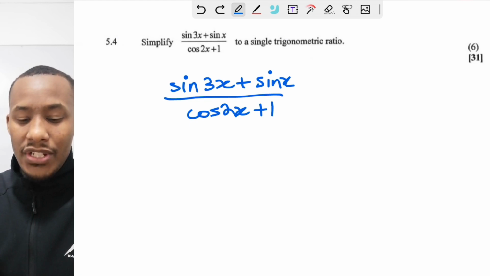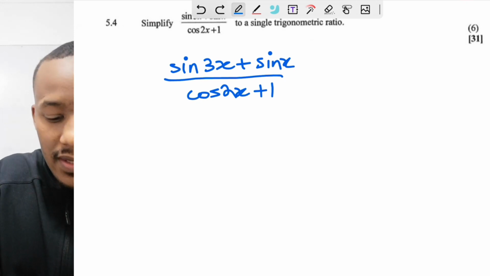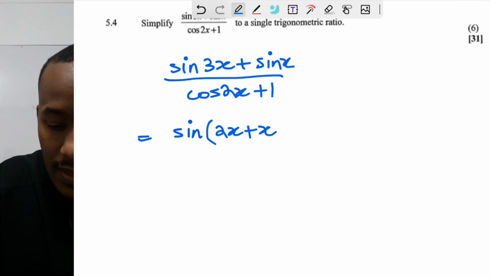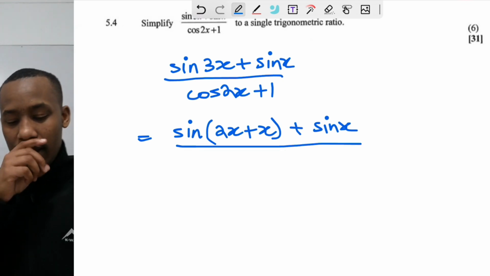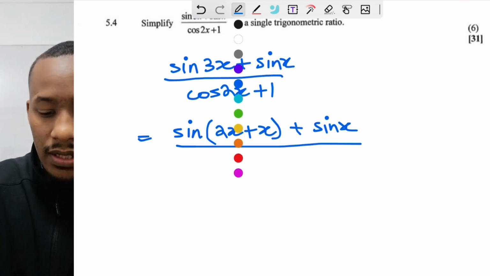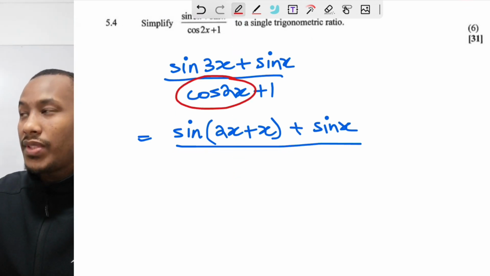I'm going to start by breaking up this 3x, because that's a triple angle. I'm going to break it up into 2x plus x. There's an identity for cos 2x that involves a -1.